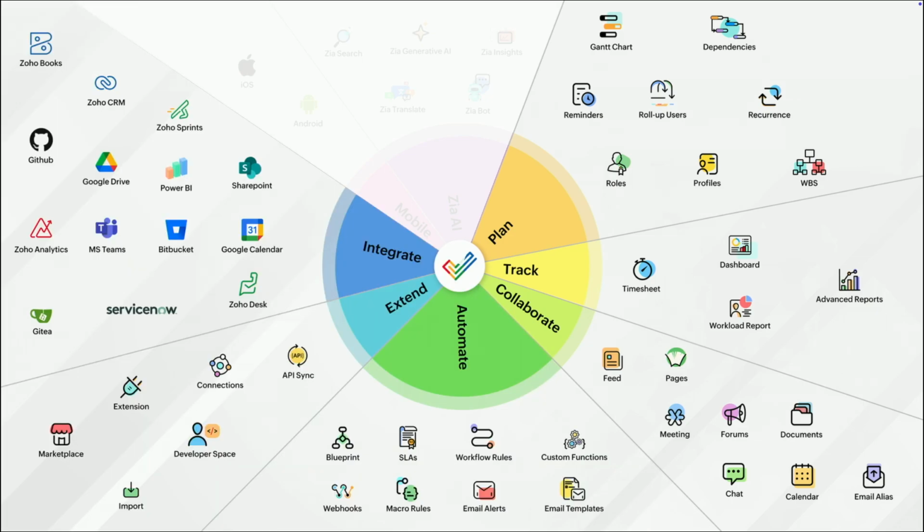The next three tenets are automate, extend, and integrate, right? So you start small with simple use cases. Then if you want someone to update and you want to make a change in another system, right? So you have to automate things. So if some task is closed here, I want to update my CRM application. If a task is closed, I want to send a mail to my relevant stakeholders or my client.